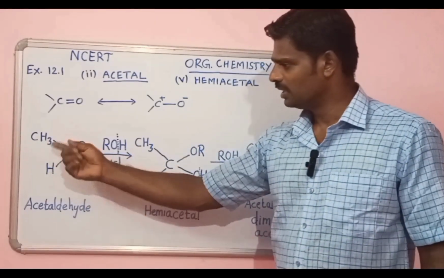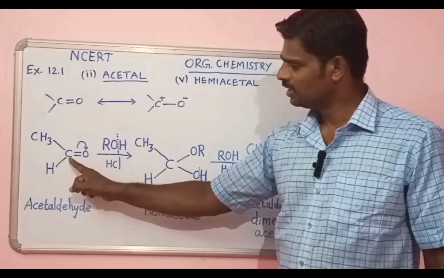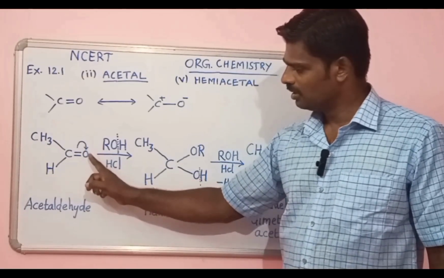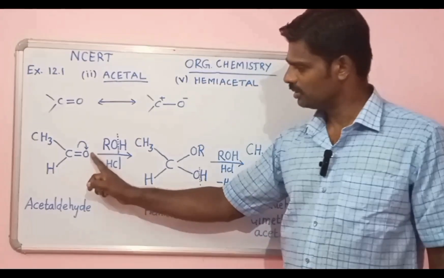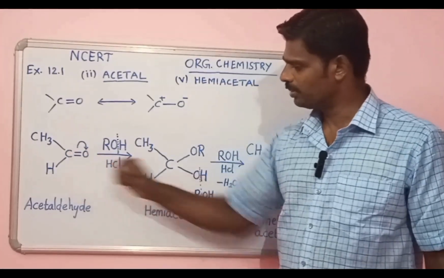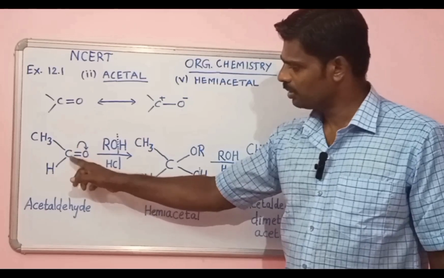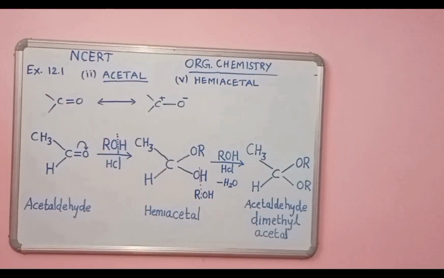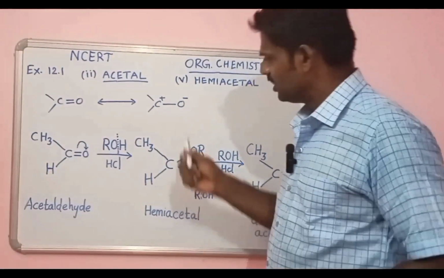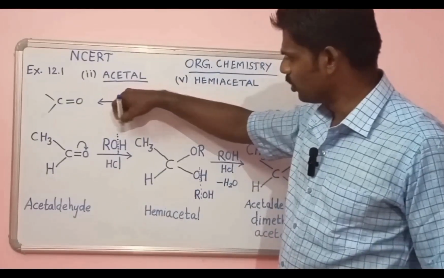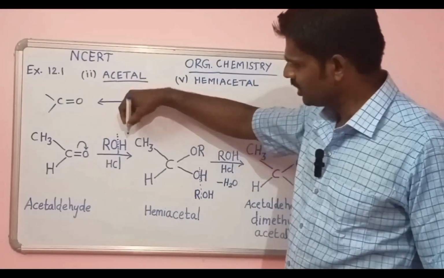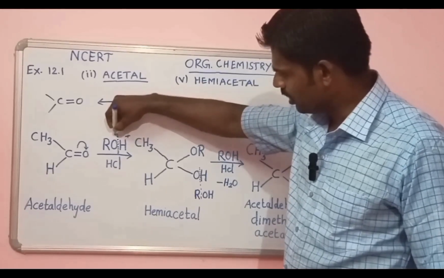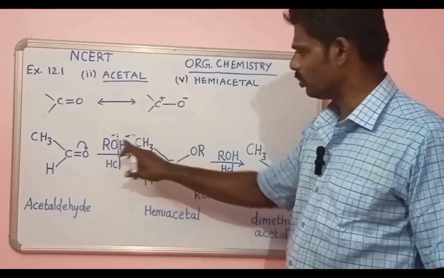Same here, we have the acetaldehyde, and the electrons will shift, making oxygen negative and carbon plus. So on the carbon plus, we will get, and for the ROH, which is an alcohol group, you can say H plus and OR minus, this product ROR.